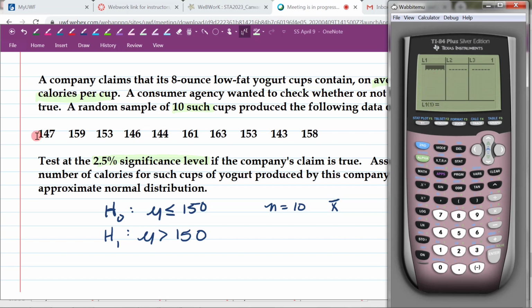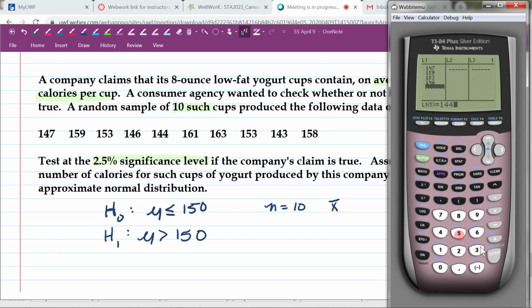Now we're going to enter our data. It's 147, enter. Then 159, enter. 153, enter. I'm putting all this data into my calculator. 146, enter.